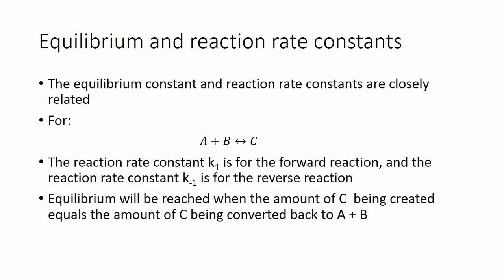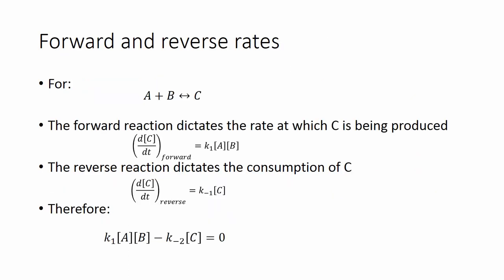So the equilibrium constant and the reaction rate constants are closely related. Again, we have A plus B yields C. If we have a reaction rate constant for the forward reaction, this is k1, and a reaction rate constant k negative 1 for the reverse reaction, equilibrium will be reached when the amount of C being created is equal to the amount being converted back into A plus B. For this reaction, the forward reaction rate dictates the rate at which C is being produced, so dC/dt forward is equal to k1 times A times B. The reverse reaction dictates the consumption of C, so we would have k negative 1 times C, the concentration of C, equal to the reverse dC/dt.